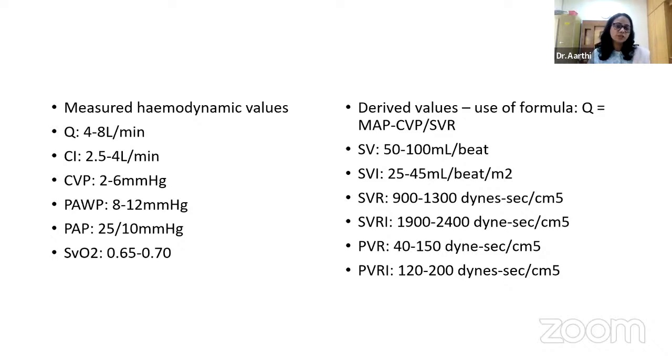Central venous pressure is documented using the right atrial port, and the pulmonary artery wedge pressure is documented when the pulmonary catheters are wedged, and pulmonary arterial pressures are monitored, and also the mixed venous oxygen saturation and central venous oxygen saturation can be obtained using the pulmonary artery catheters. From these measured variables, the derived variables like stroke volume index, systemic vascular resistance, and pulmonary vascular resistance are calculated using the formula.